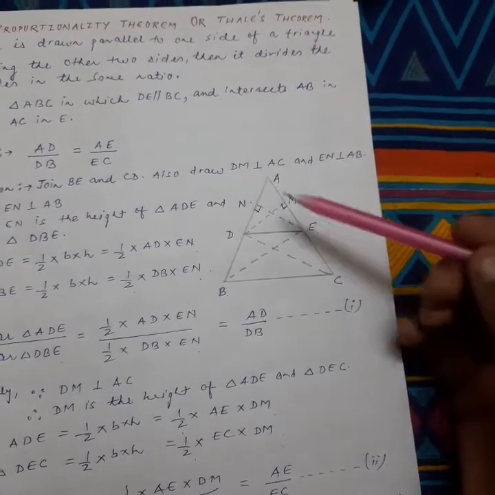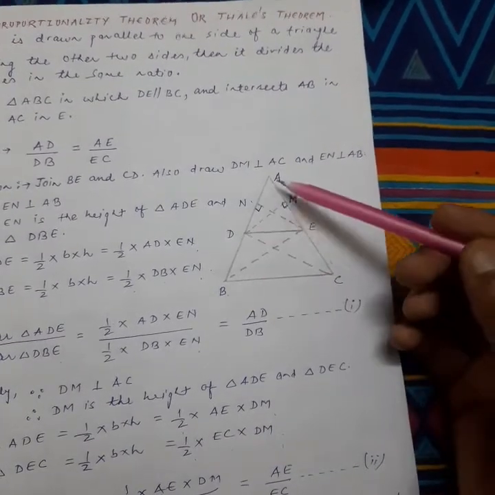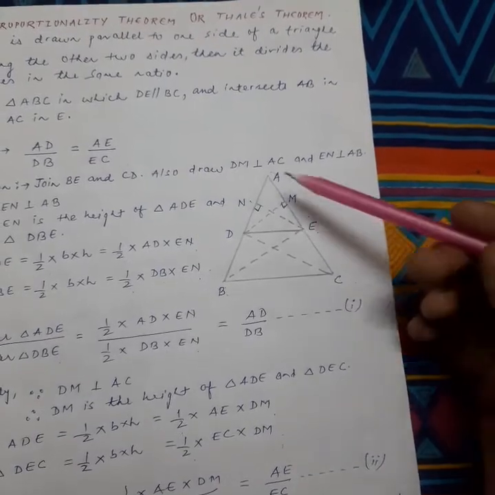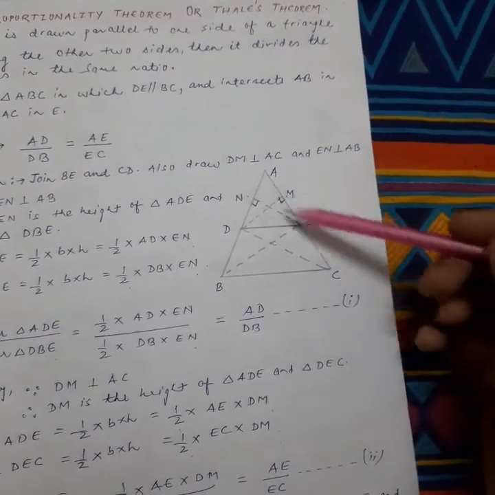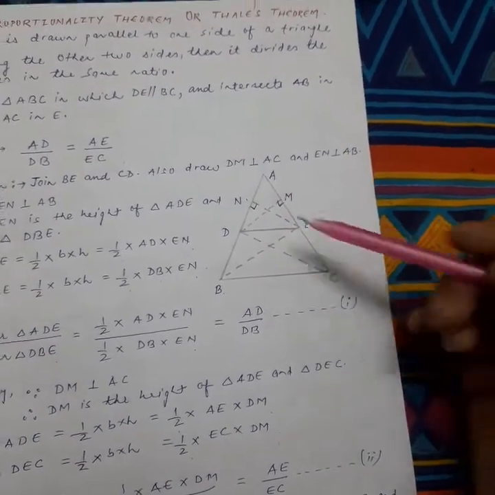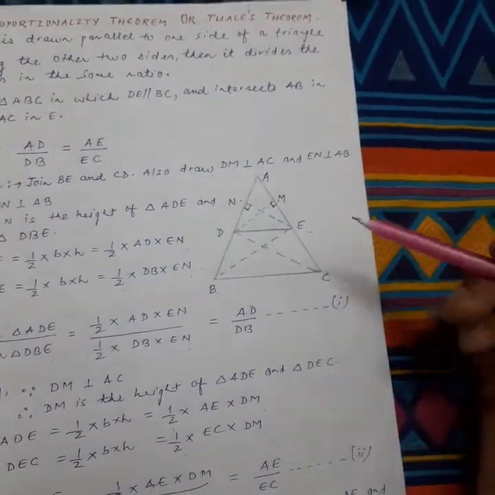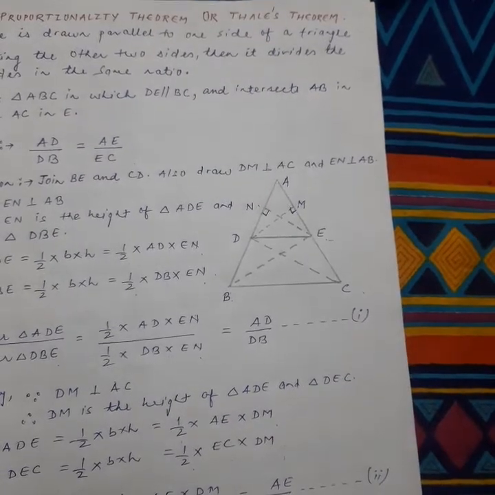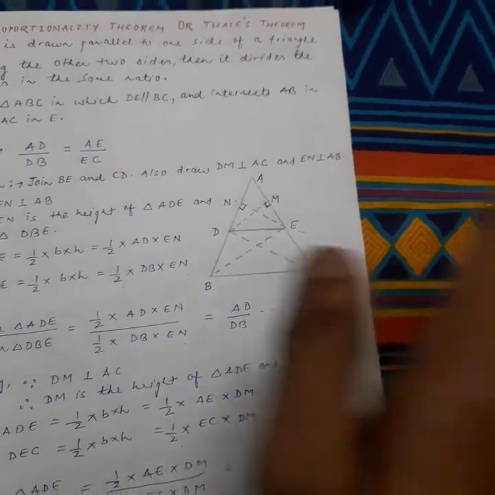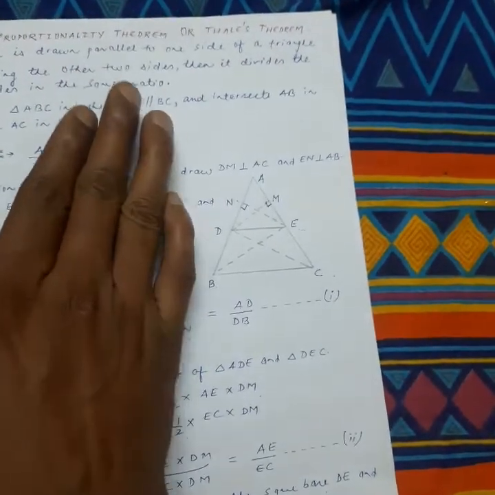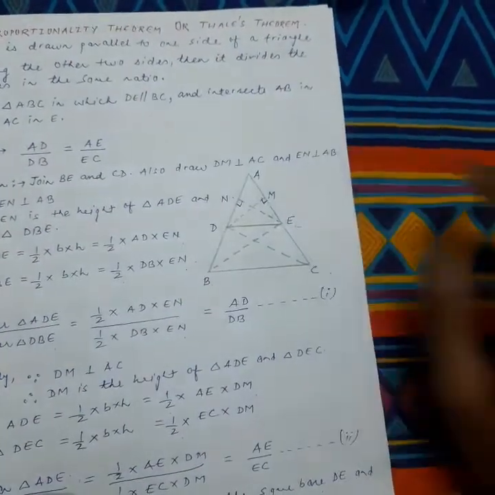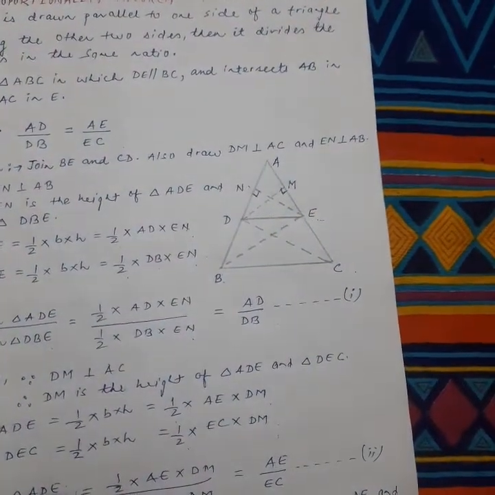For that, we can use AD by DB equals AE by EC, AD by AB equals AE by AC, AB by AD equals AC by AE. Any ratio can be used correspondingly: whatever we take from this side, the corresponding thing we take from this side. The ratio will every time be equal.